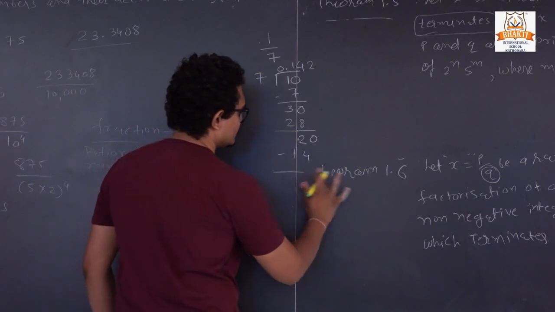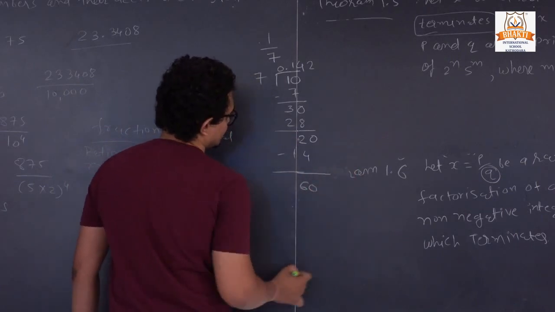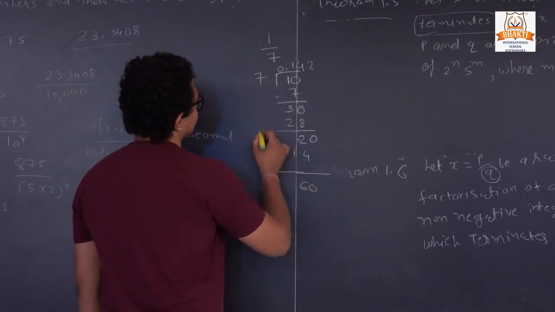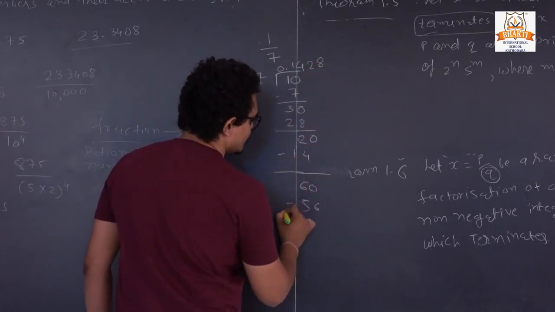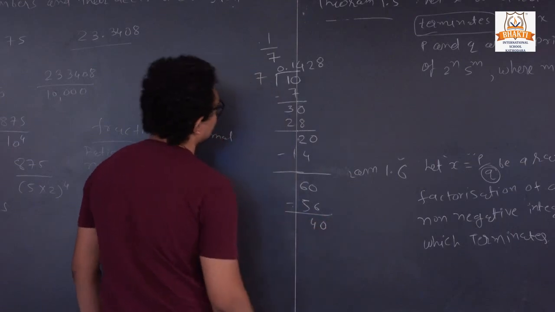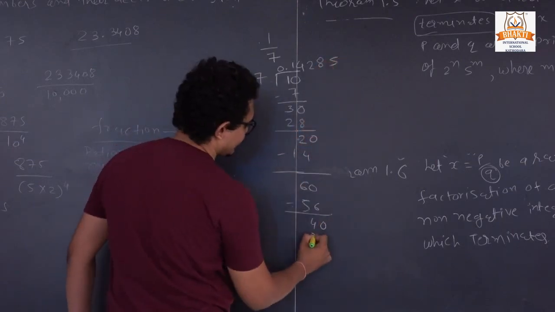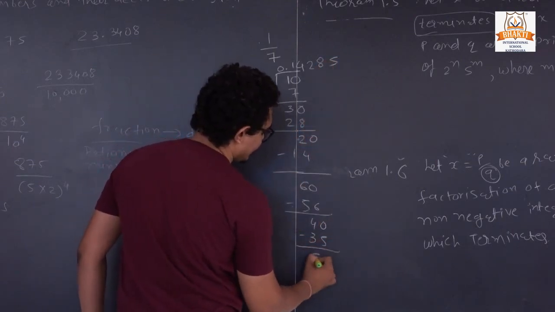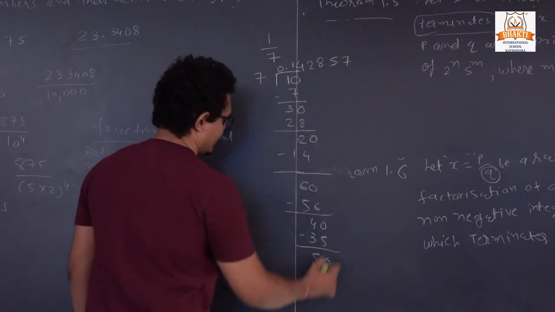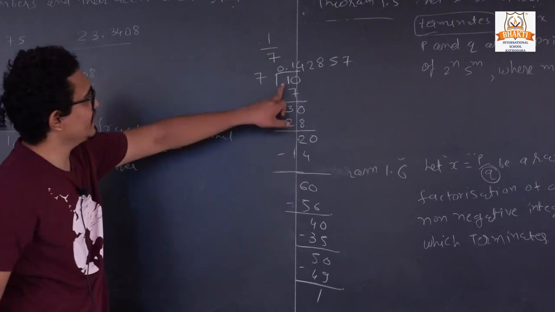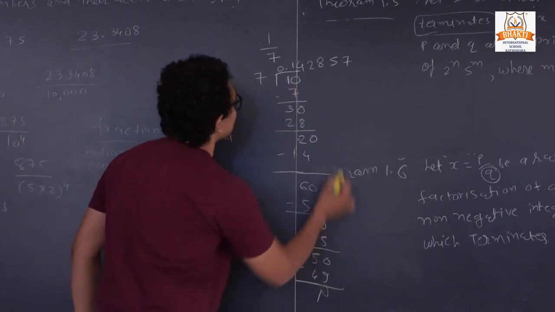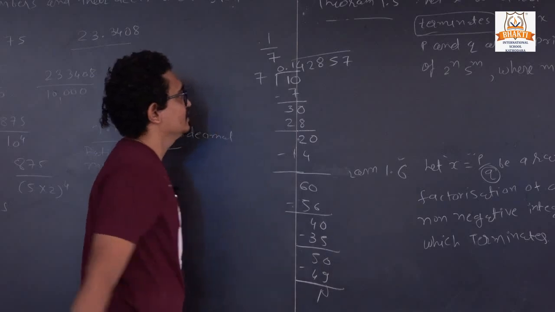Once again we put 0. 7 eights are 56, so we have a 4. Now 7 fives are 35, so we have a 5. Then 7 sevens are 49, so once again we have a 1. Once again we put 0. So these numbers are repeated now.